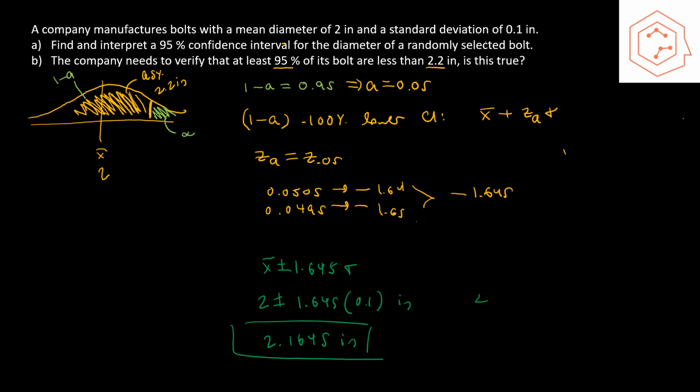Therefore, we are 95% confident that the diameter of a bolt is below 2.1645 inches. That value is less than 2.2 inches, and therefore we can verify the company's statement in question.